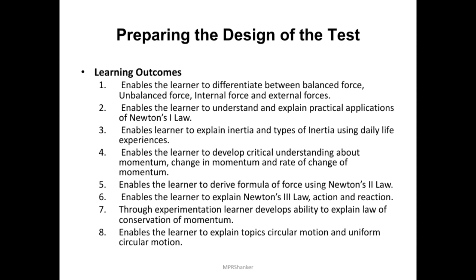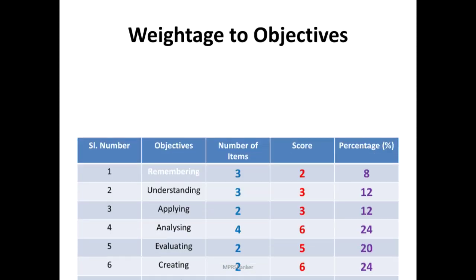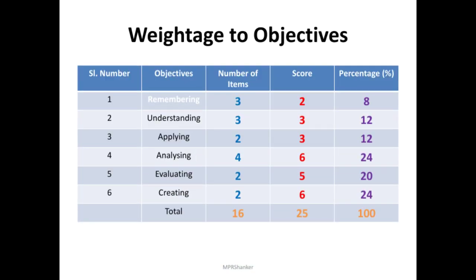All these learning outcomes are listed here. After listing the learning outcomes, we move on to decide upon the weightage to objectives. Here we follow the revised Bloom's taxonomy, and the objectives are remembering, understanding, applying, analyzing, evaluating, and creating.